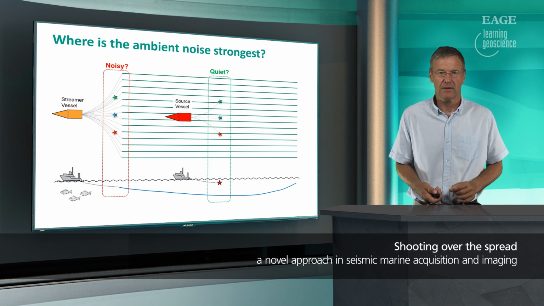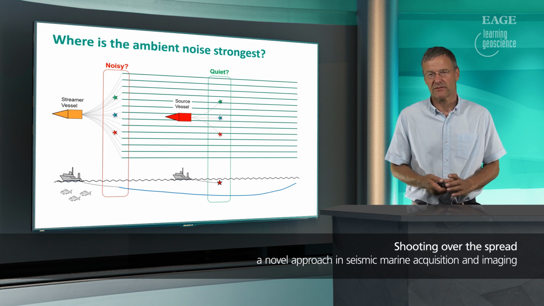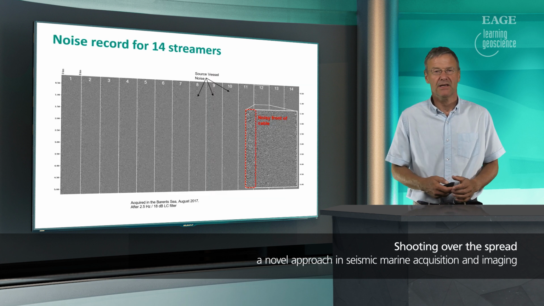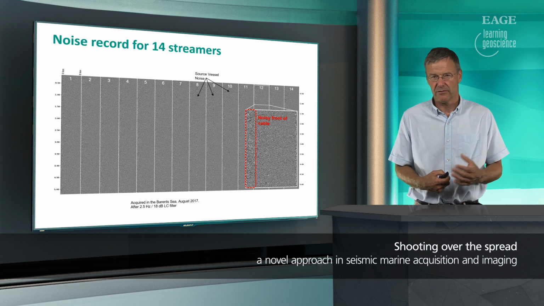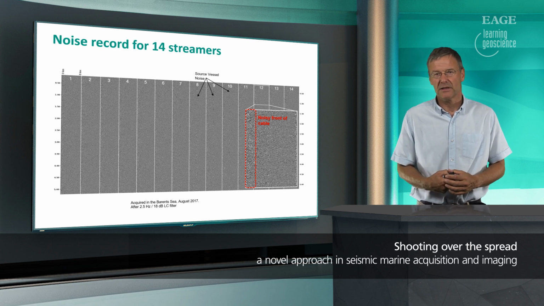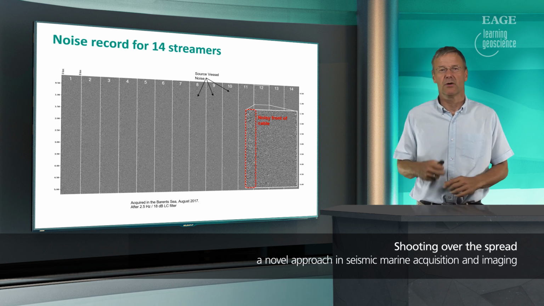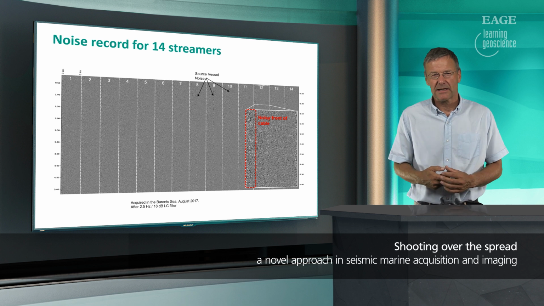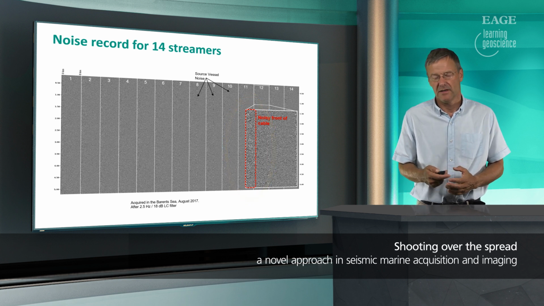In front of the cable, or in the middle of the cable, where the sources of TopSeis are located? Here we have noise records from the Barents Sea. That means we were not shooting, we're just towing the 14 cables with the source vessel just floating over. And you can see quite clearly on that zoom that the noise is stronger in the front.